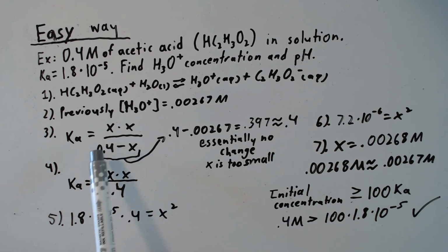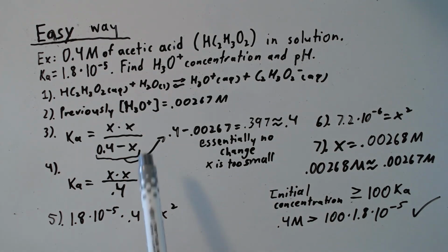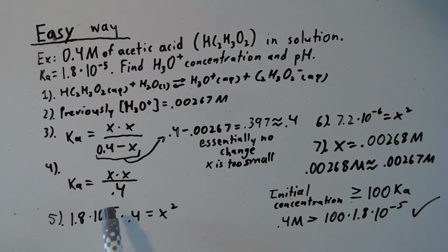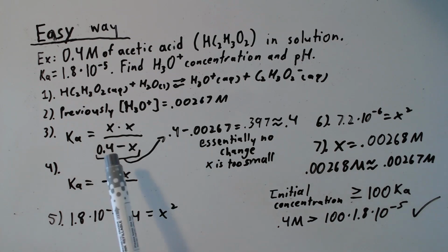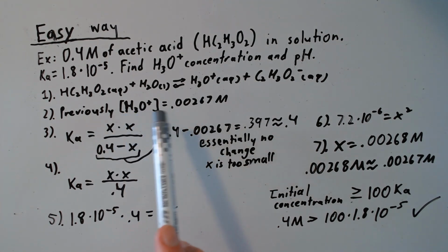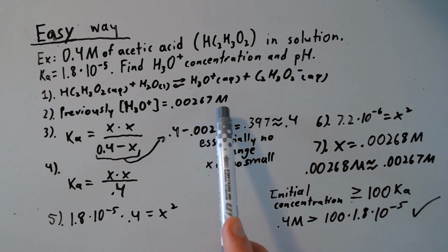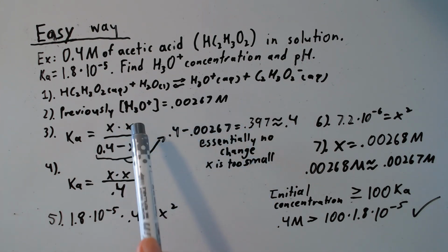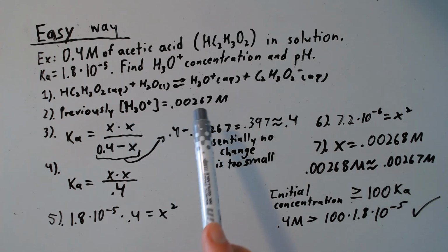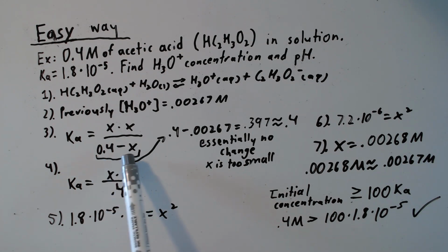Now here we do not have to write 0.4 minus x, surprisingly. In fact, we can take away this x to just write 0.4. Now why is that possible? It's because when we previously saw that the concentration of H3O+ formed is 0.00267 molar. And since x of this concentration formed, 0.00267 molar, then the same x of this concentration was taken away.